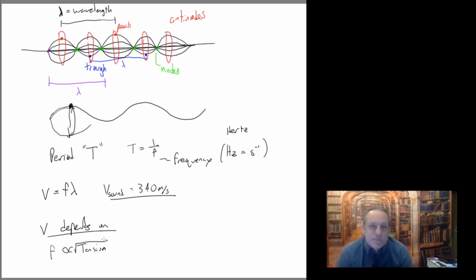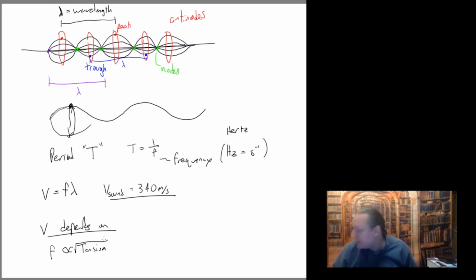Just how thick they are. How thick they are. What did you say, Christina? The elasticity of the material. Yeah, the elasticity of the material, not as much. It's more about just how heavy the material is.